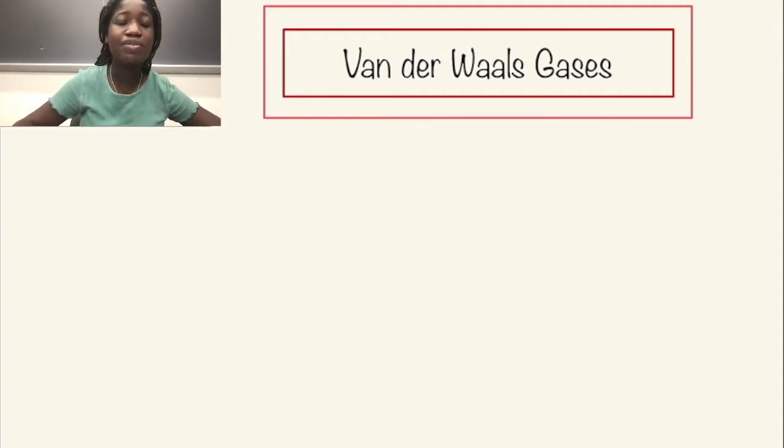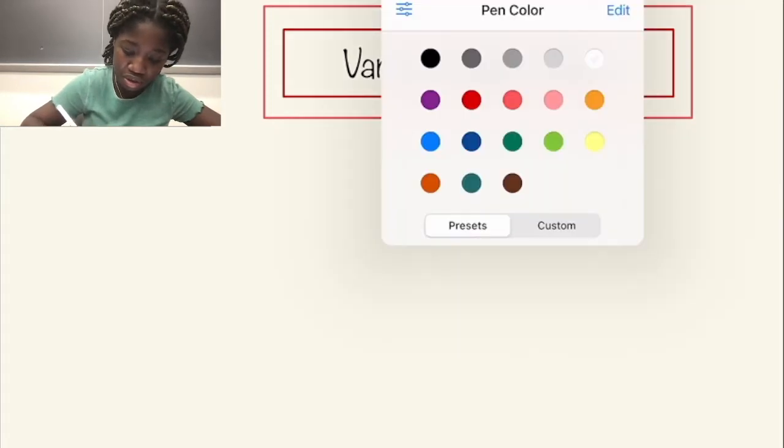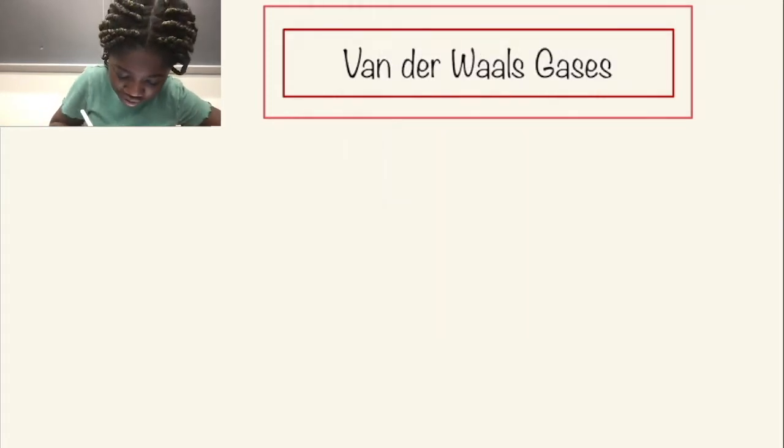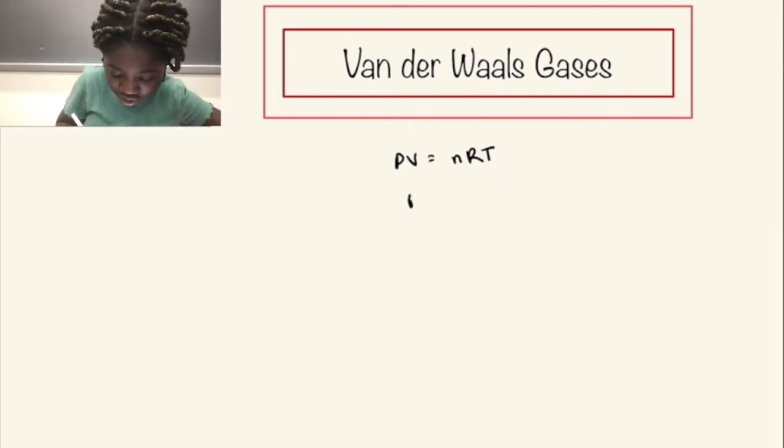Now, we've talked a lot about ideal gases, and they obey the equation PV equals nRT. If we set the moles to 1, we have PV is equal to RT.